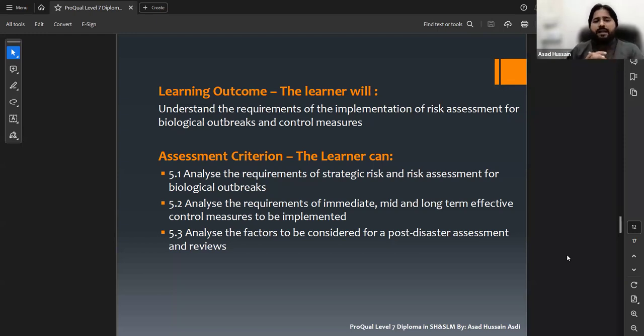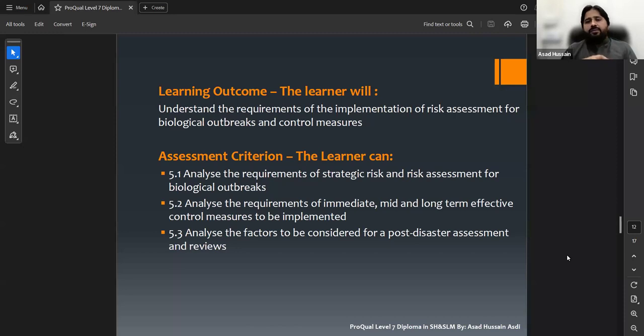Then 5.2, analyze the requirements of immediate, mid, and long-term effective control measures to be implemented. For these biological outbreaks, most of the time it is not possible to control immediately. If some biological outbreaks have a sphere effect and can impact much, they should be dealt with immediately.